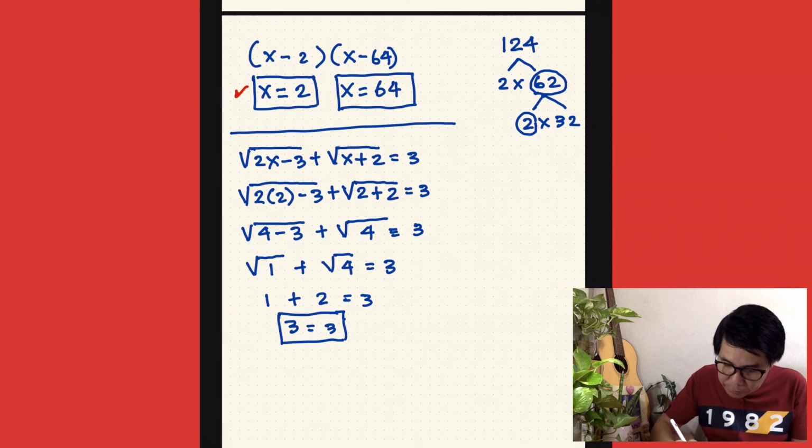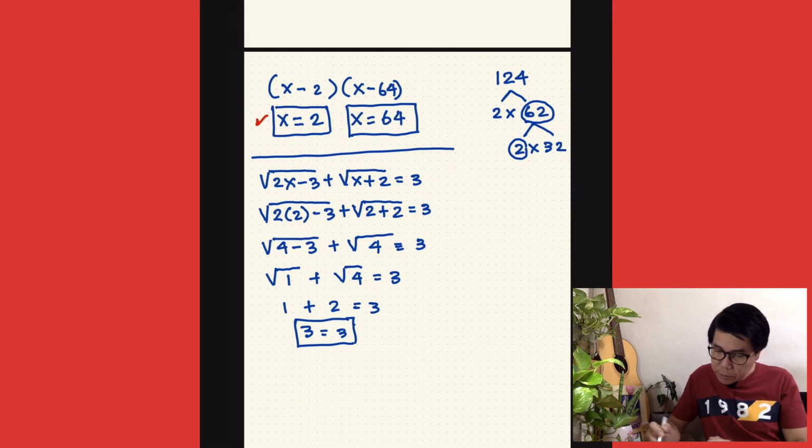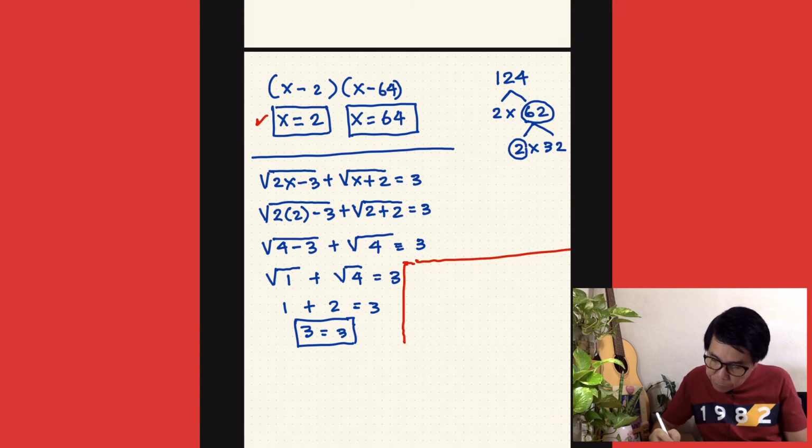Okay, 2 is a solution. Let's try the other one. If 64 is also a solution, I'm going to use red ink. So we have square root of 2x minus 3 plus square root of x plus 2 equals 3.